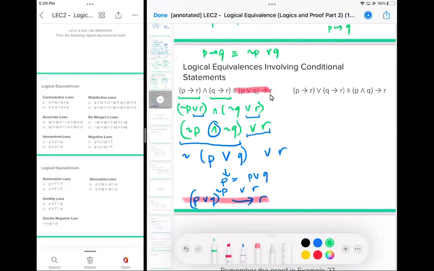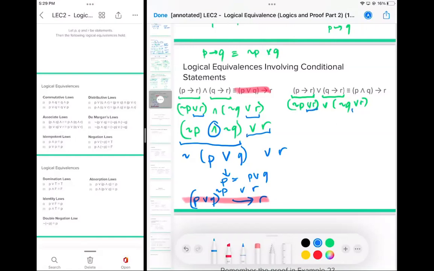Okay, now let's move on to the next example. We have P implies R or Q implies R. It's logically equivalent to P and Q implies R. So we will convert this into implication forms, not P or R, or not Q or R. Okay, so similarly, we see a pattern here.